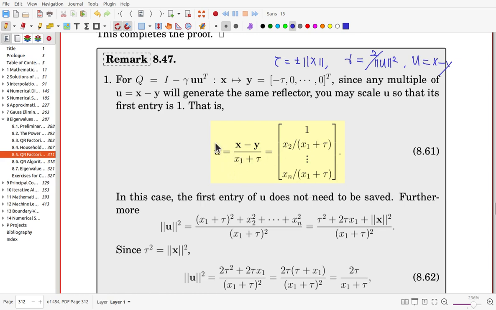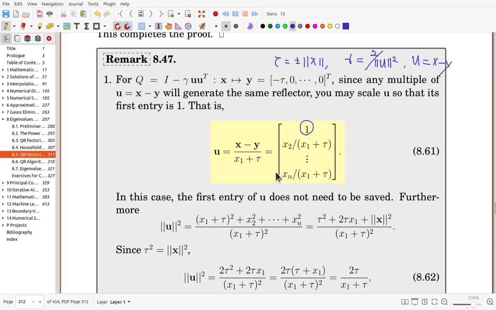So the scaled u has these values. It's quite beneficial. The computation of the u length is easier, and also this is always 1, so that we can use this position to save something else. We don't have to save this value. It's always 1 in the beginning, so we can use the position.